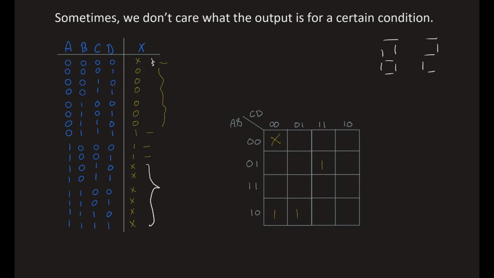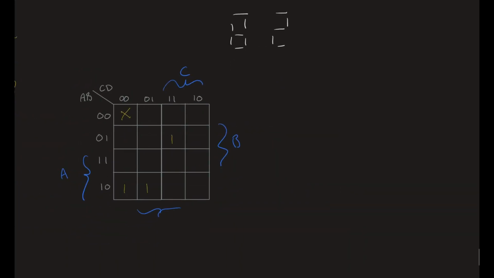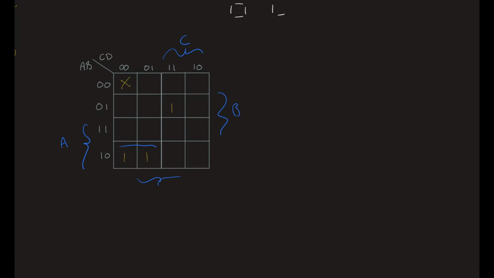Now, just to show you why this is so useful, let's say that we didn't use don't cares. Let's say that I just made them all 0, because that's the alternative. Well, if I were to do this right here, we would have 2 groups. I would have a group here, and I would have a group here.